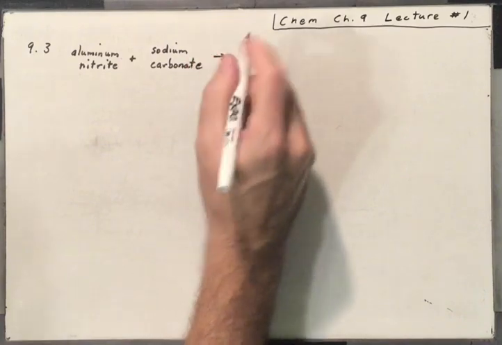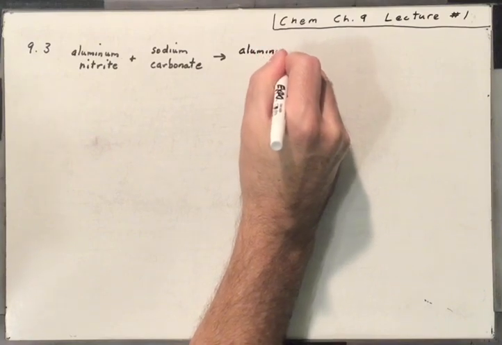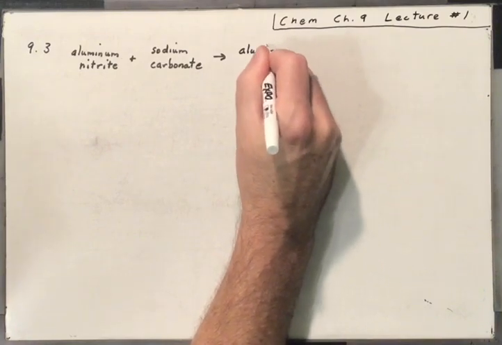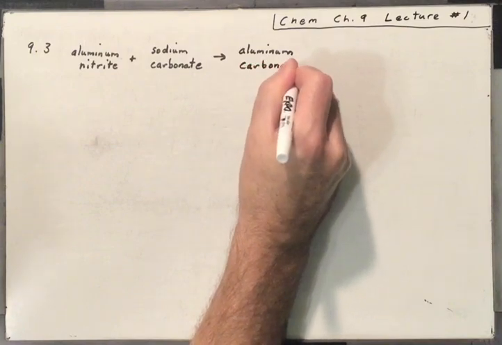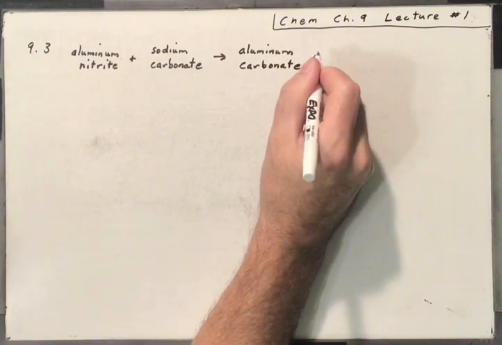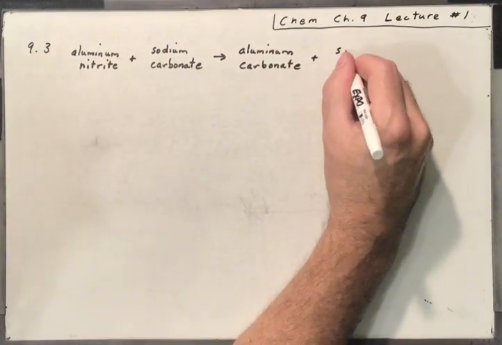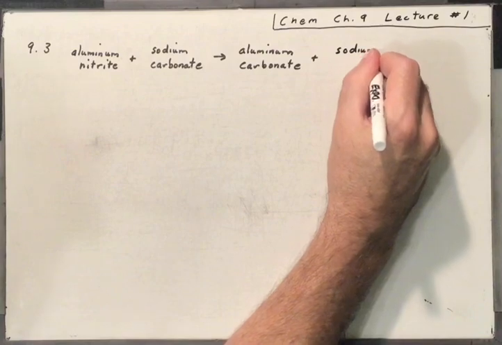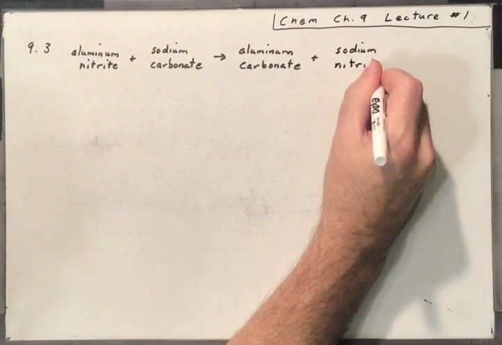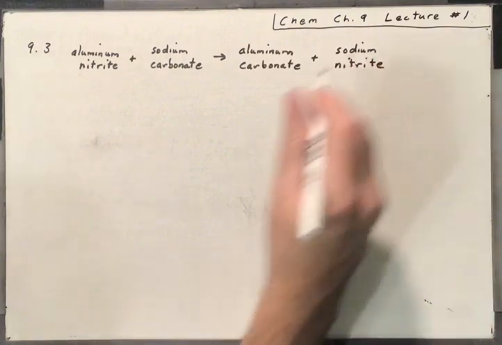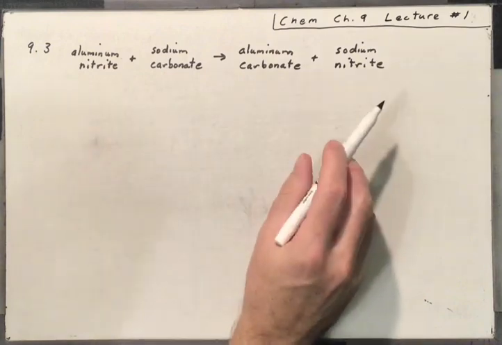All right, you get aluminum carbonate and sodium nitrite. This is called a double replacement reaction. We'll learn about that in Chapter 16. All right, sodium nitrite. So we want to balance this. Write out the equation and balance it.